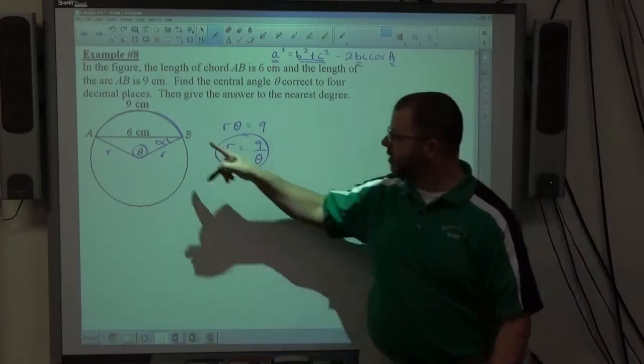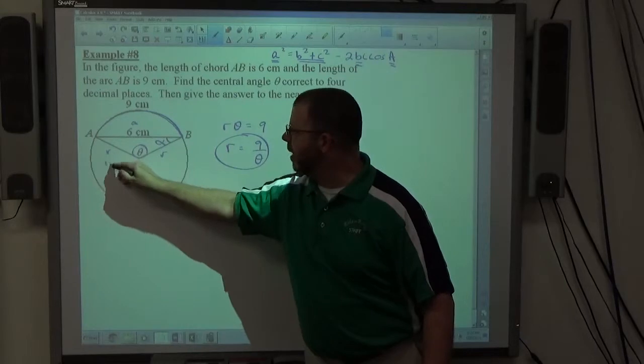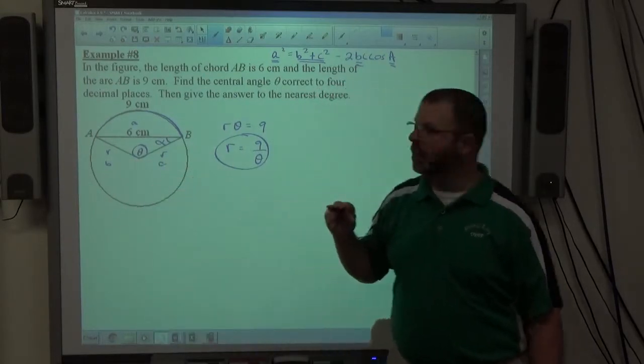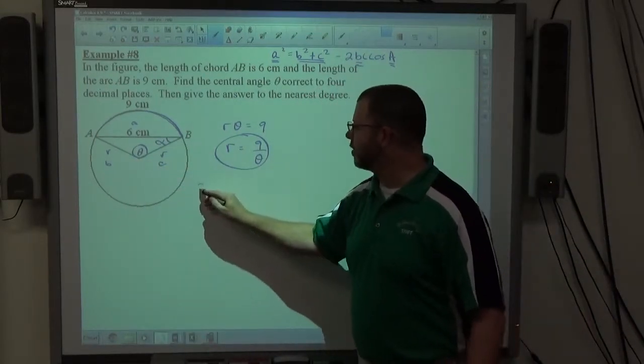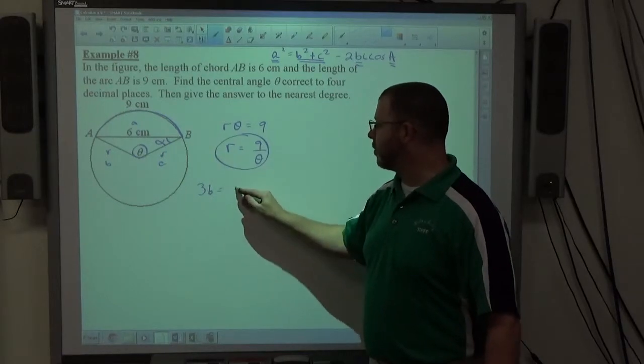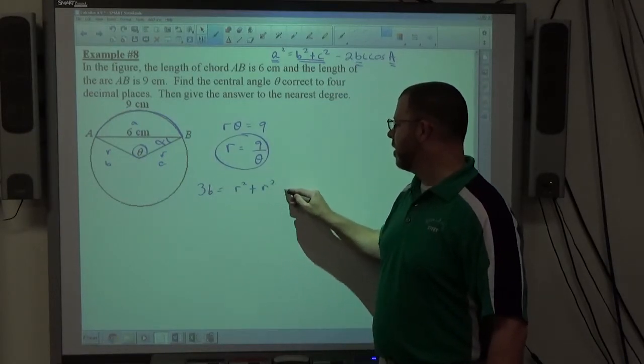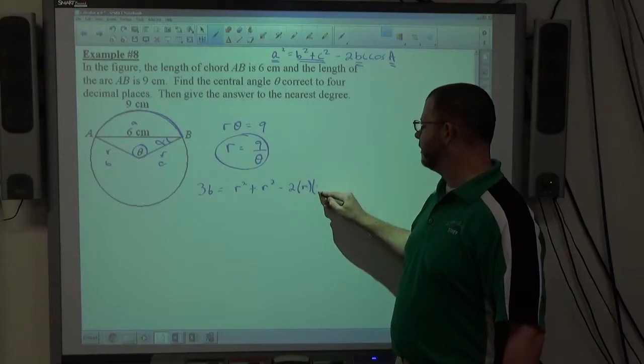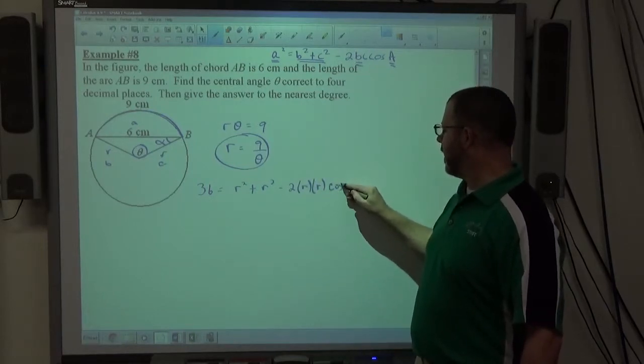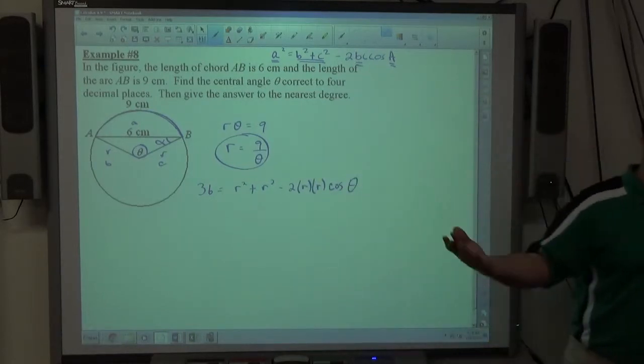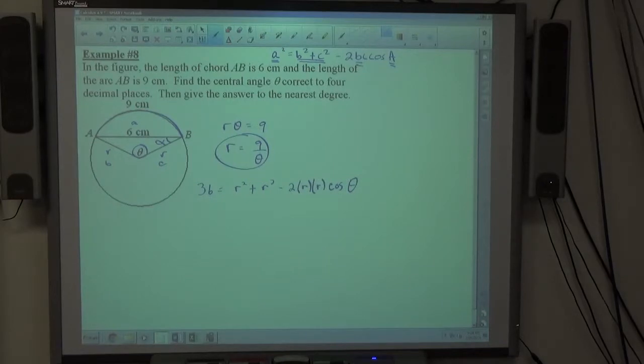So A squared, which is 36, equals B squared plus C squared minus 2BC cosine of A. In the case of this problem, little a is 6, little b and little c are both R, big A is theta.